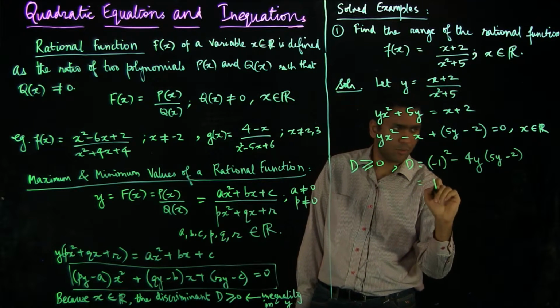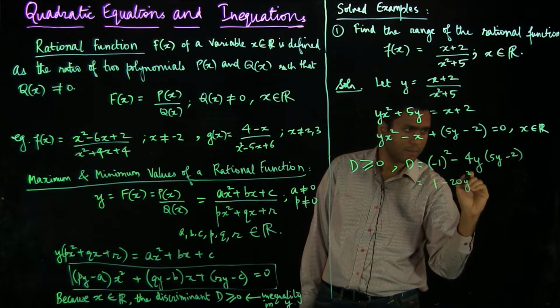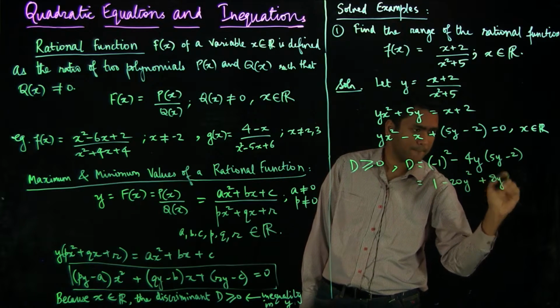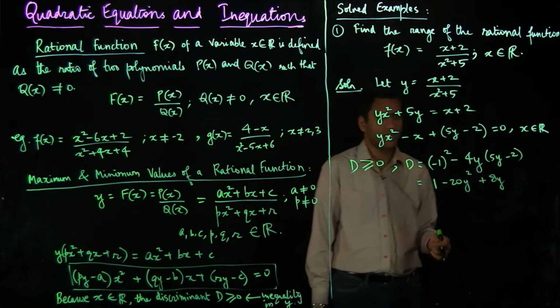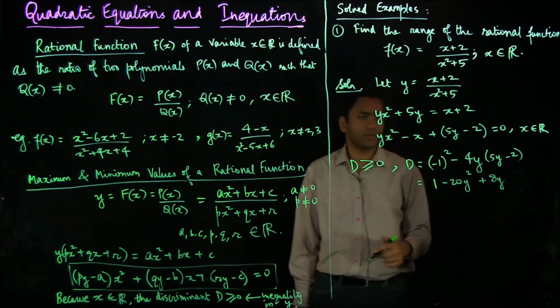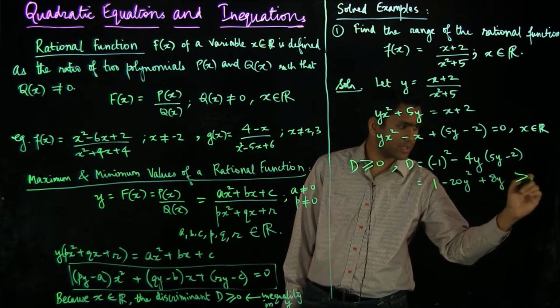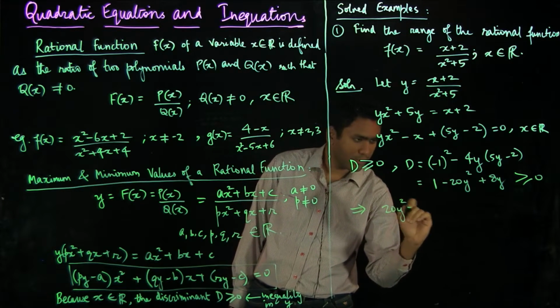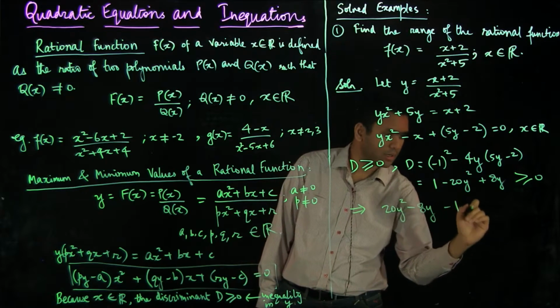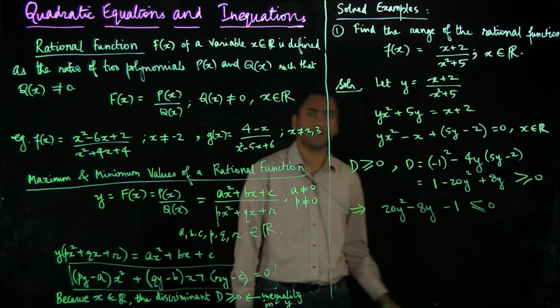So this is 1 minus 20y squared plus 8y. So this we know has to be greater than or equal to 0, which implies 20y squared minus 8y minus 1 should be less than or equal to 0.